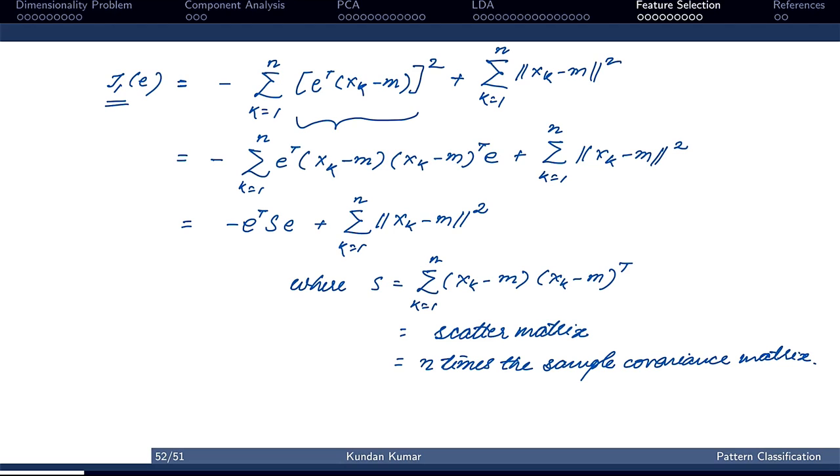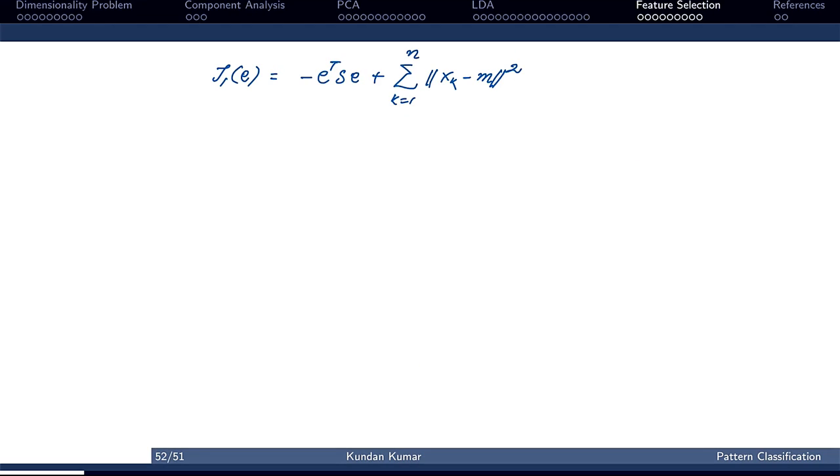Okay. Now, our resulting cost function is basically J1(E) equal to minus E transpose S E plus summation k equal to 1 to n of xk minus m Euclidean norm square.